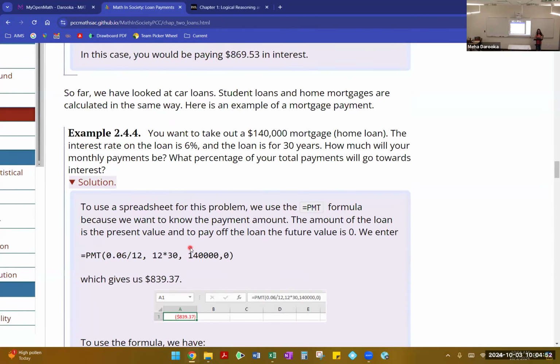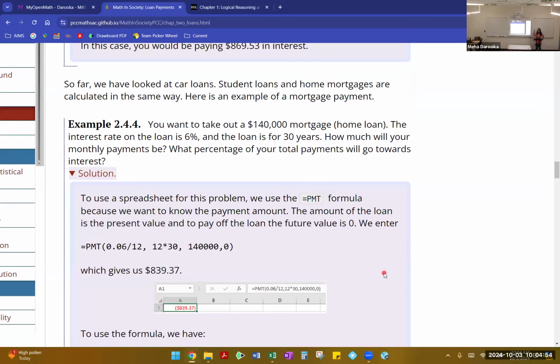So obviously, in this case, we know the loan amount, we have to figure out what our regular payments will be. So you can see in this instance, we are using the PMT formula. So you've got a 6% interest rate, so that's the 0.06. Of course, we're making monthly payments, so dividing it by 12. 12 months times 30 years, and then of course, our total amount of loan or the present value is 140,000, and same logic, right?